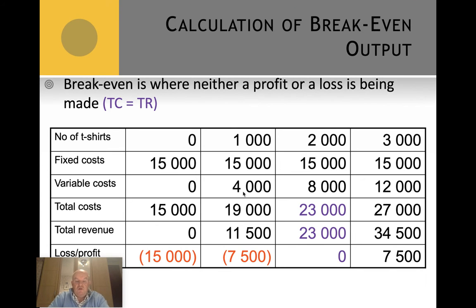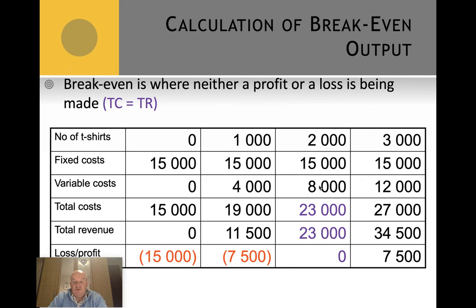Now remember, we know our variable cost per unit was £4, so if we're producing no t-shirts, we've got no variable cost. If we're producing 1,000, with 1,000 times £4 variable cost per unit, that gives us a £4,000 variable cost.